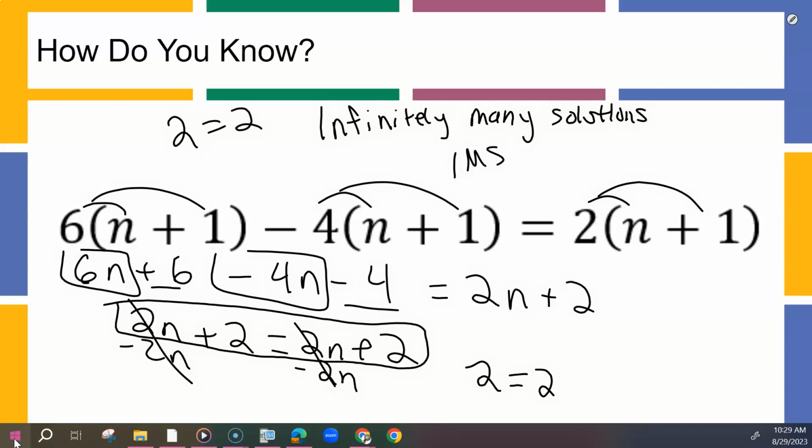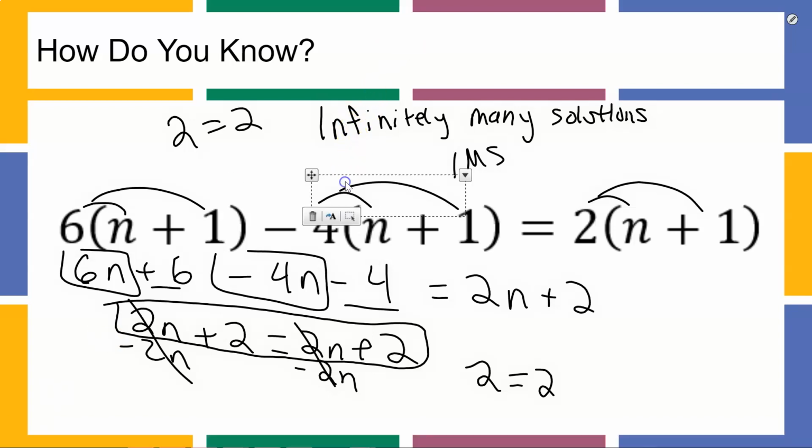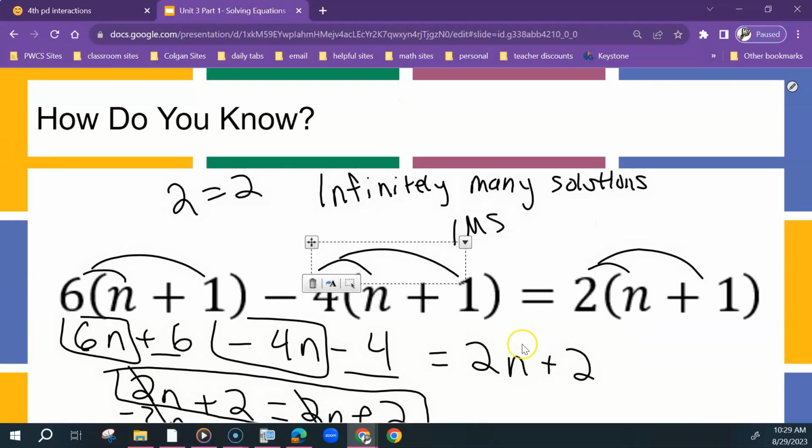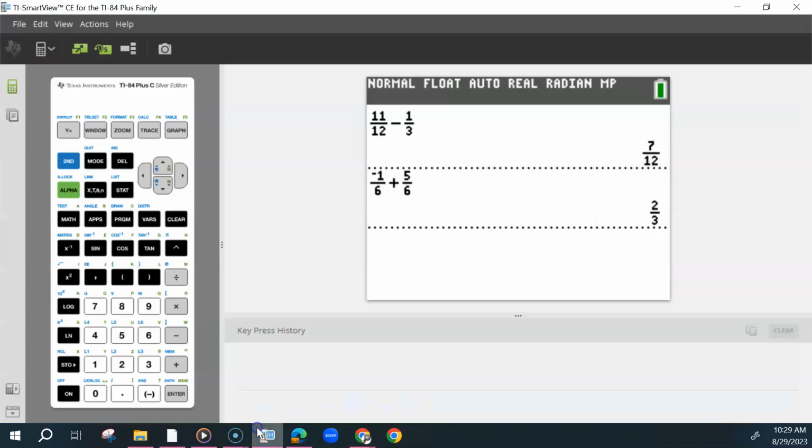Did anyone try putting numbers in to see if it worked? So I did that. I'm just going to show you that that works. We had the equation, and I just picked a random number.